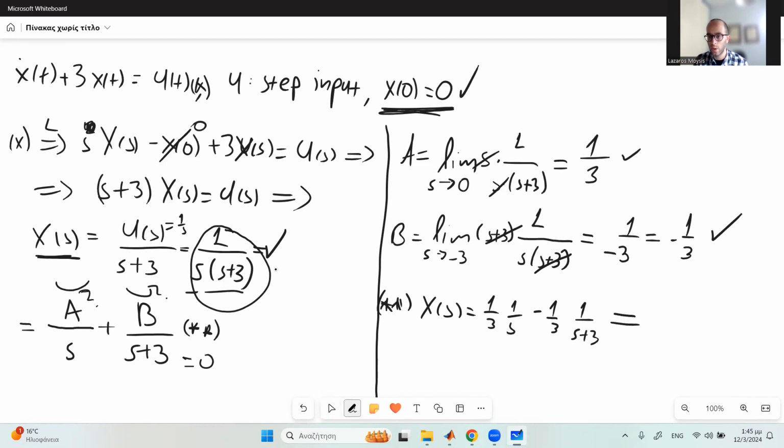And this is great because now we can take the inverse Laplace transform and obtain the solution of the system. Because now, x of t is equal to 1/3 times the step input minus 1/3 times e to the minus 3t on the step input, right?